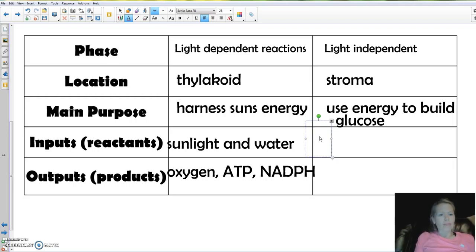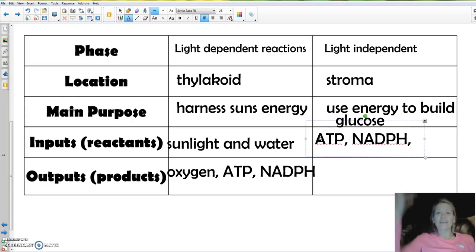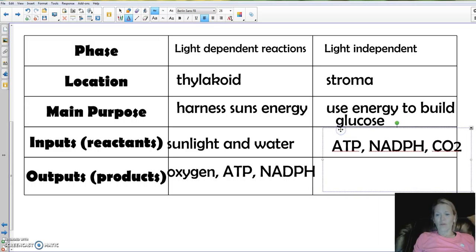So in this pathway, we start with ATP, NADPH, and this is also where we take the carbon dioxide. So we take carbon dioxide and these two energy molecules, and I'm just going to put the 2 right there, and then we have really only one product in this one.